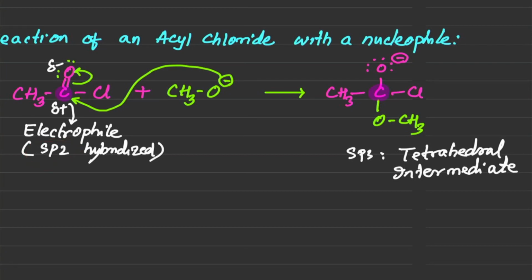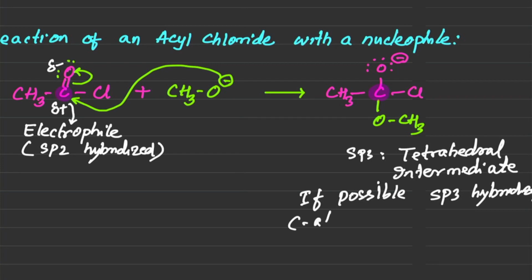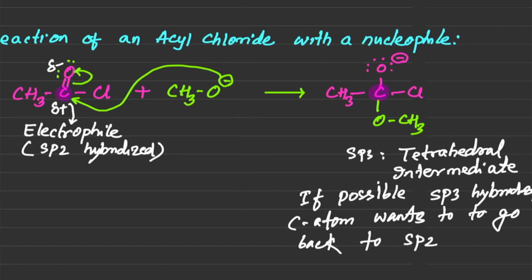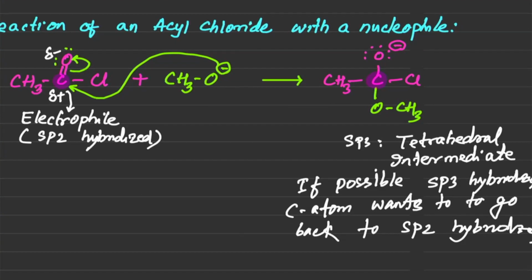So if possible, the sp3 hybridized carbon atom wants to go back to sp2 hybridized by removing a group.